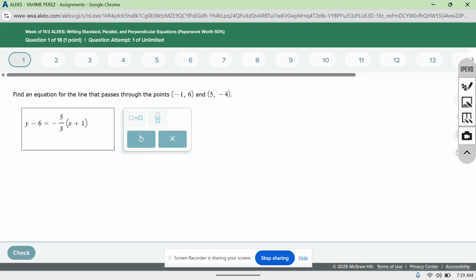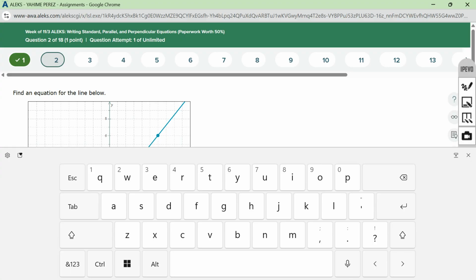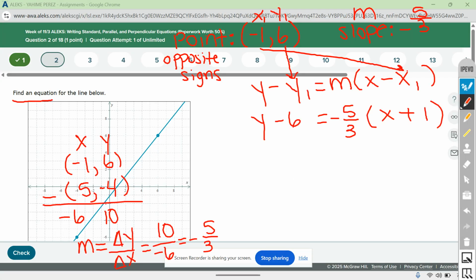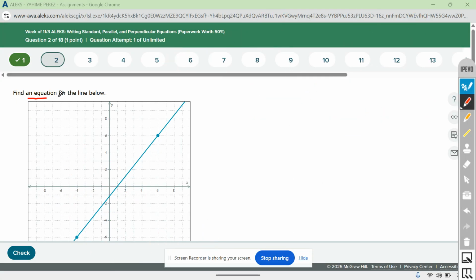All right. So moving on to number 2, same thing. We're writing an equation, so we're going to write it in point-slope form. And since I'm writing point-slope form, I need a point and I need the slope.